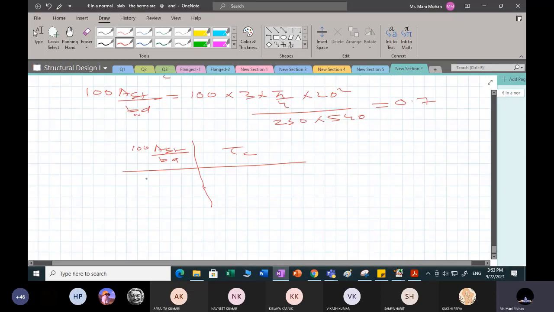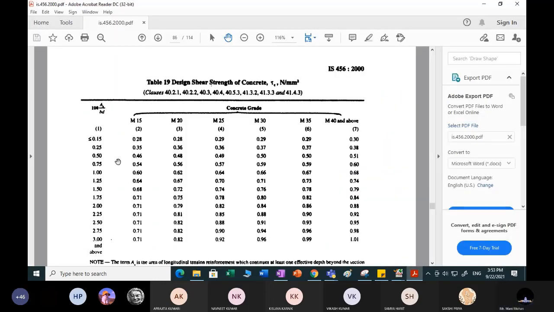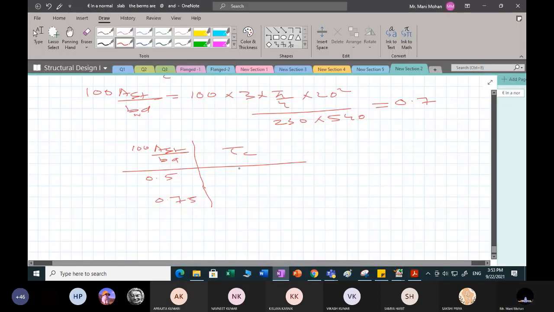For 0.5, the value is 0.48, as you can see, and for 0.75 it is 0.56. So you have to do linear interpolation because I would like to know the value for 0.7. This I'm taking from table number 19.